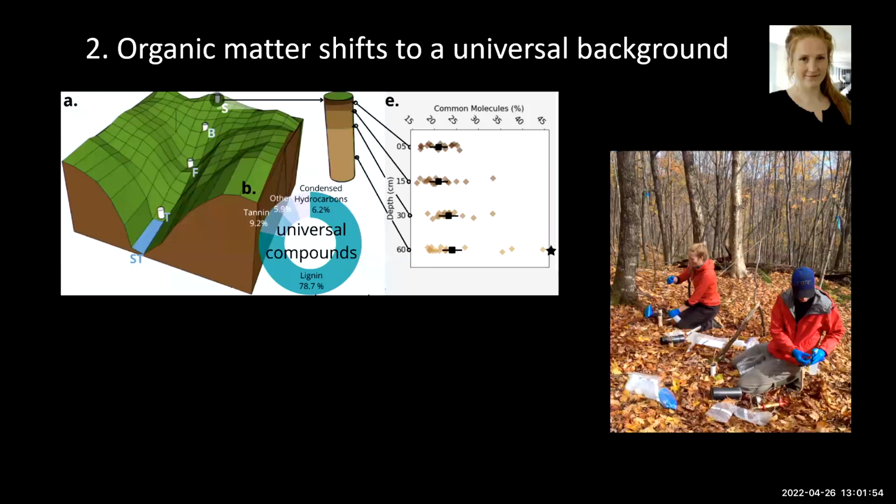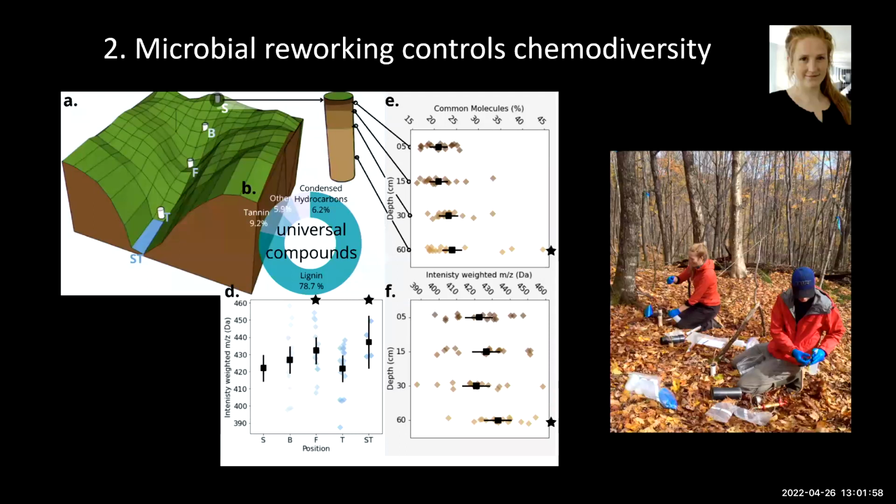They're consumed and transformed by microbes into these larger molecules. And so that's what we're just showing on here. We have a measure of the molecular mass of the dissolved organic matter pool, and it's increasing as we go down through the soil, and it's increasing as we move down this hill slope gradient.